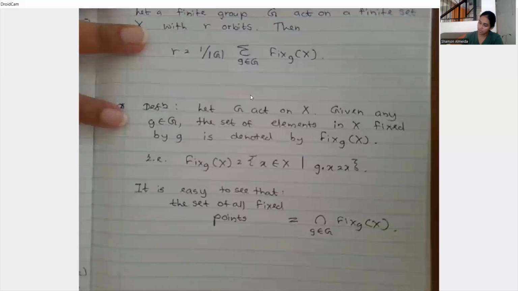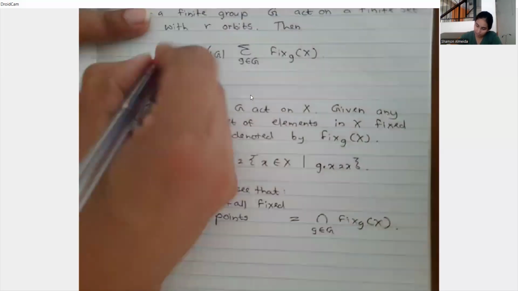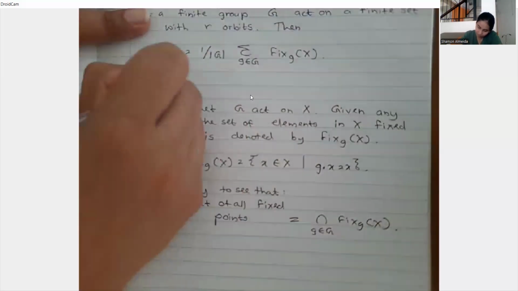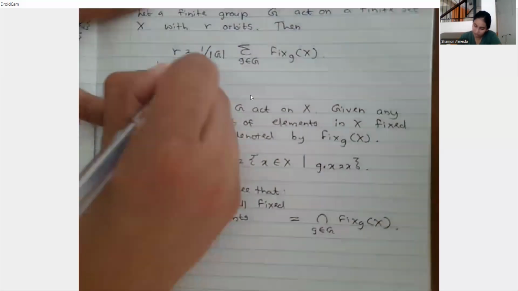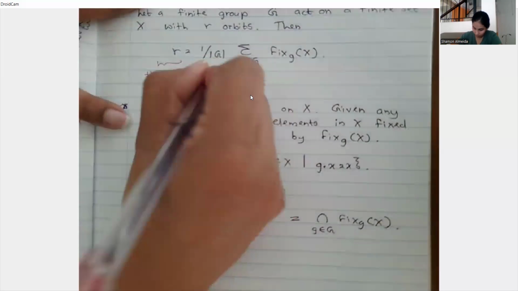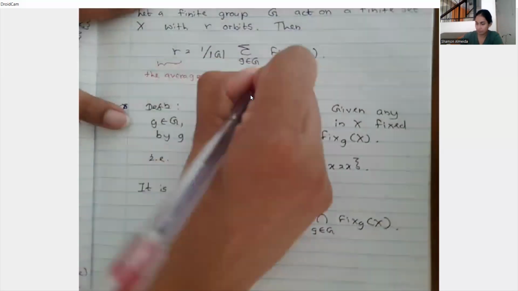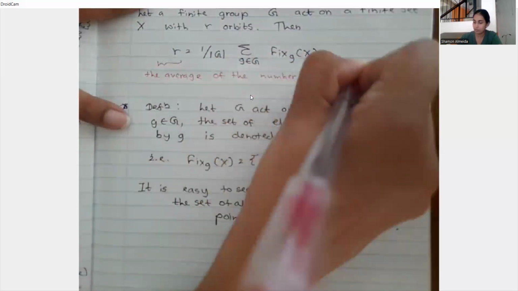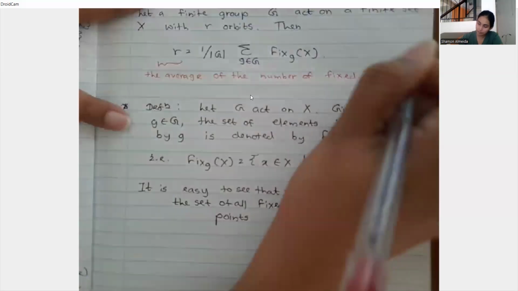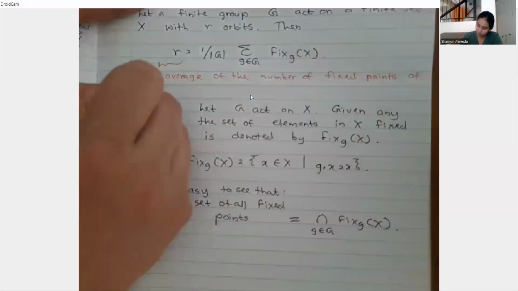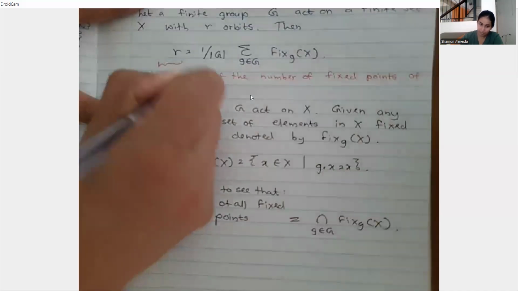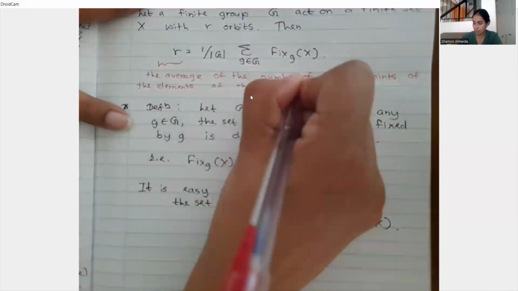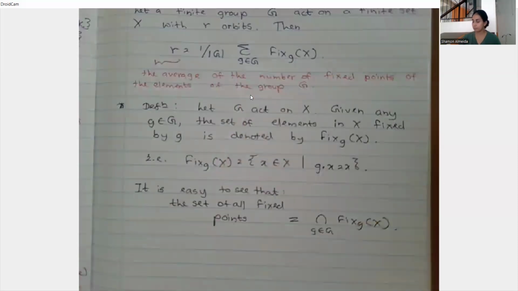If I write it, by this equation we can see that the number of orbits gives you the average number of fixed points of the elements of the group G. Right.